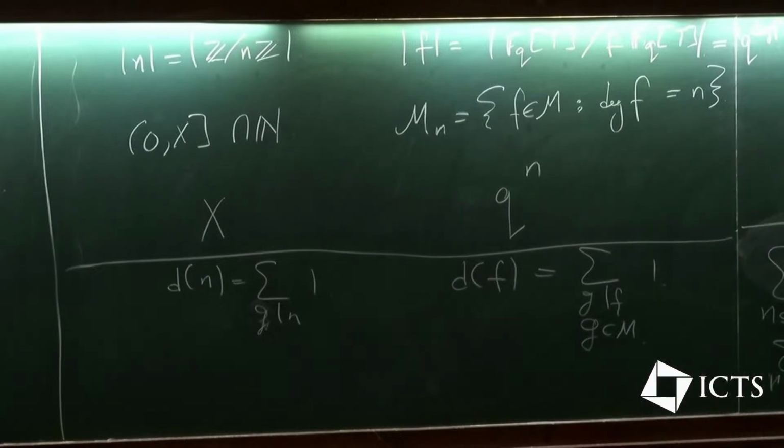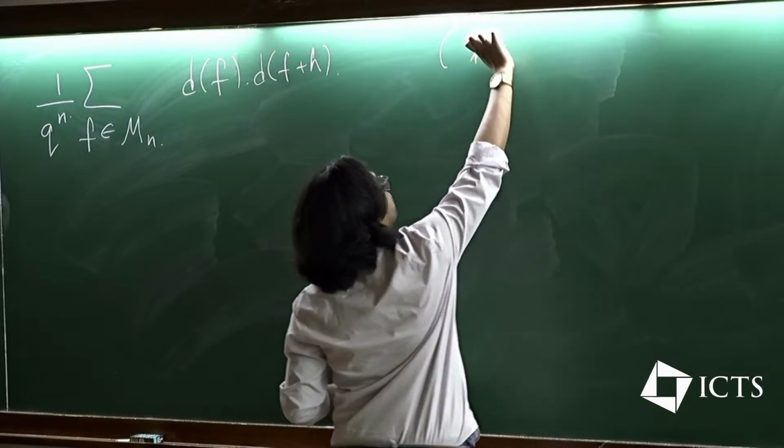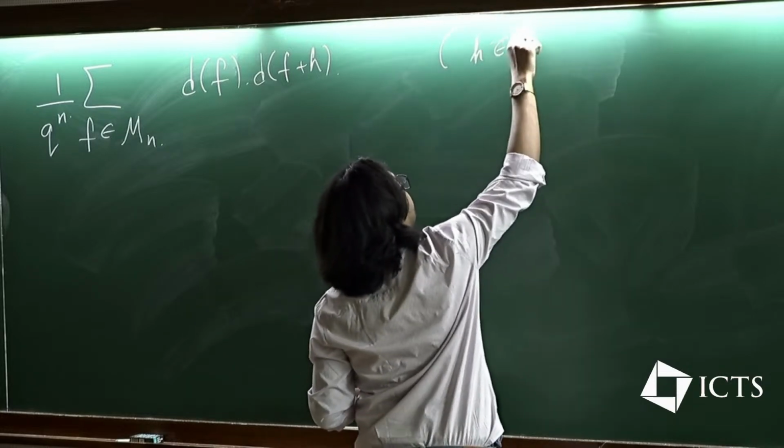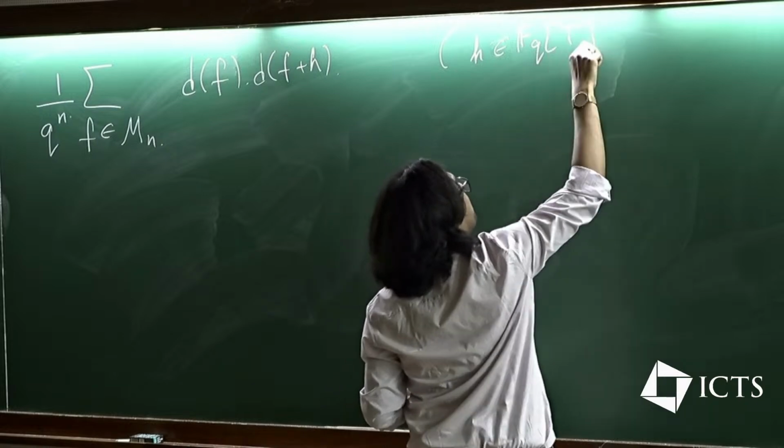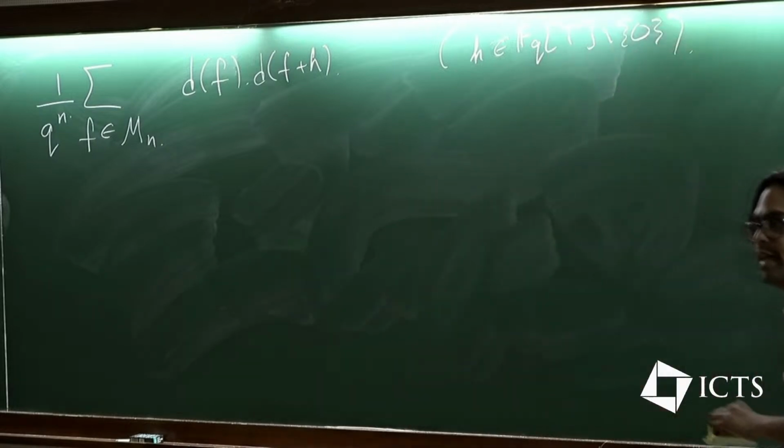Okay, so that's the divisor function over there. And you're looking at d of f plus h for some fixed h, or not fixed, but some polynomial h in F_q[T] which is not 0. Okay, have I convinced you this is the problem? Any questions?